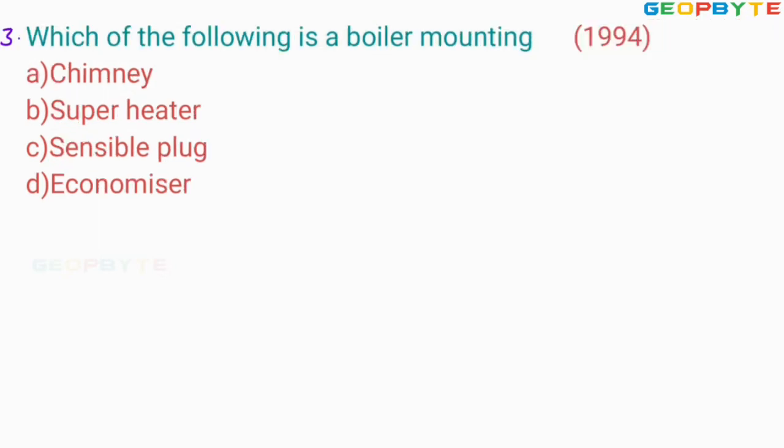Look at the third problem. Which of the following is a boiler mounting? You know, boilers are generally constructed with two kinds of equipment: boiler mountings and boiler accessories.